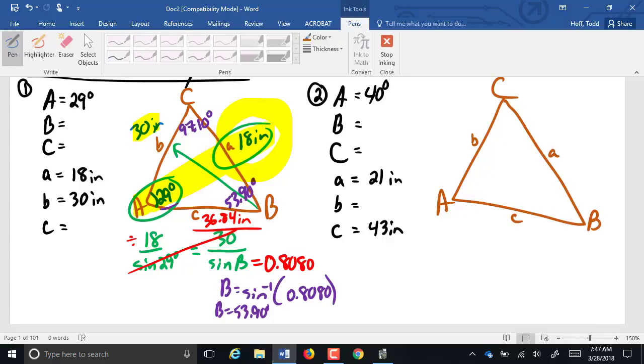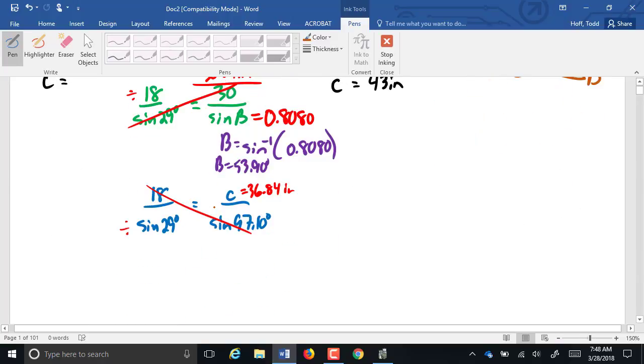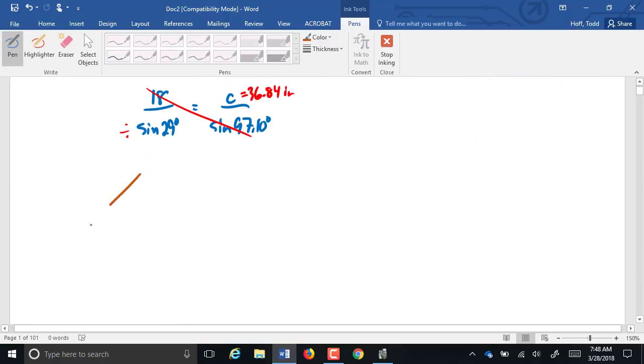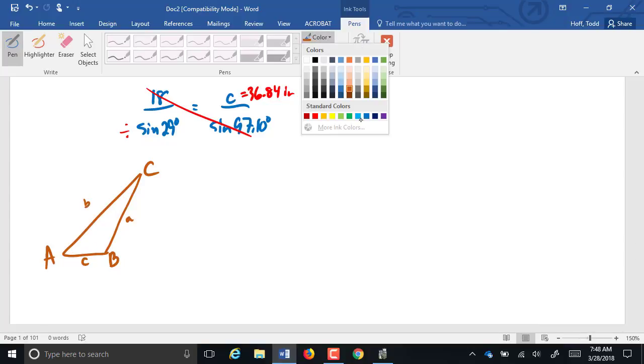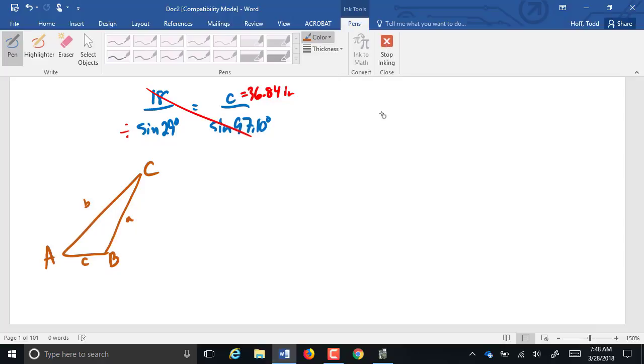Because what that means is that angle could look like this, where this is an acute angle like that. Or it could look like this. That was an obtuse angle. So the A would still be the 29 degrees. This over here would still be 18 inches.